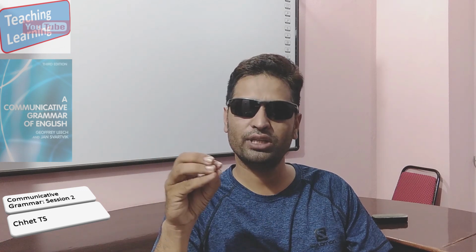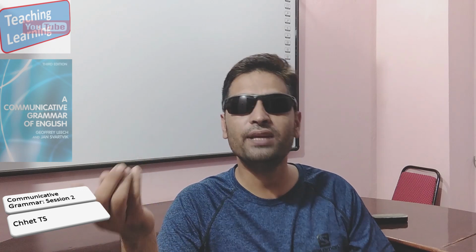There are varieties of English, varieties of structures and expressions. So a particular variety can be appropriate in one situation, but it may not be appropriate in another situation. Those are the benefits of learning communicative grammar.